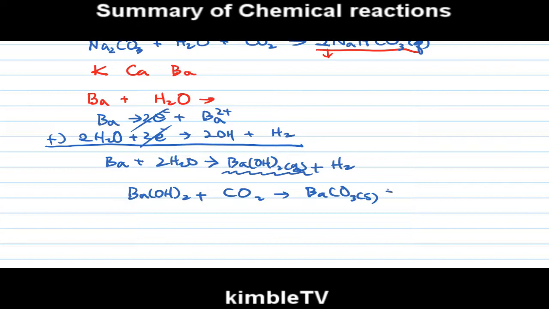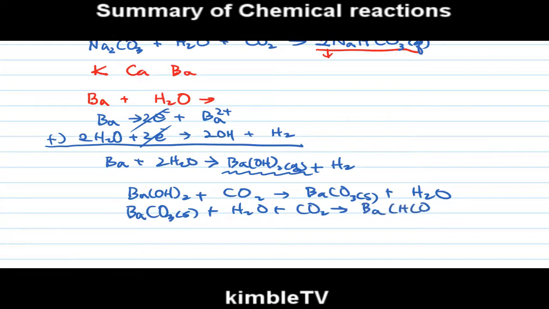Yeah, plus water, and too much carbon dioxide is supplied continuously. BaCO3 solid plus water plus carbon dioxide gives barium hydrogen carbonate, because barium's oxidation number is 2 plus. Yeah, this one. Okay.